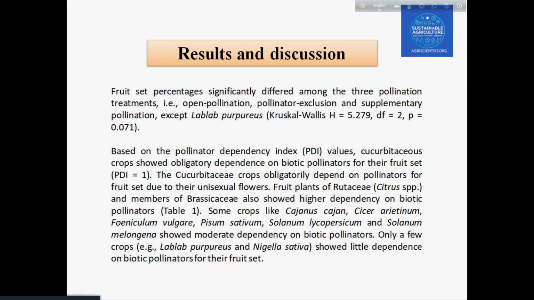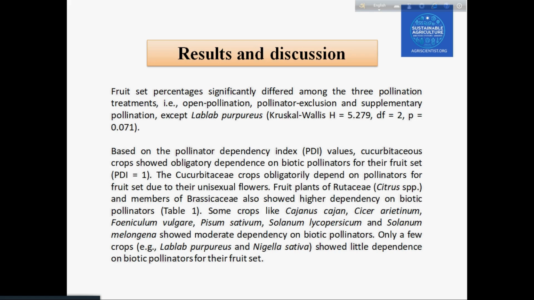From our experiment, we showed that fruit set of different crops varied among the 3 treatments based on pollinator dependency index. Members of Cucurbitaceae show obligatory dependence on biotic pollinators.